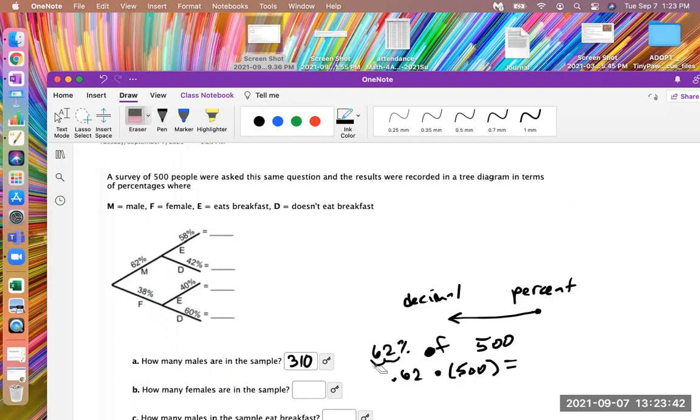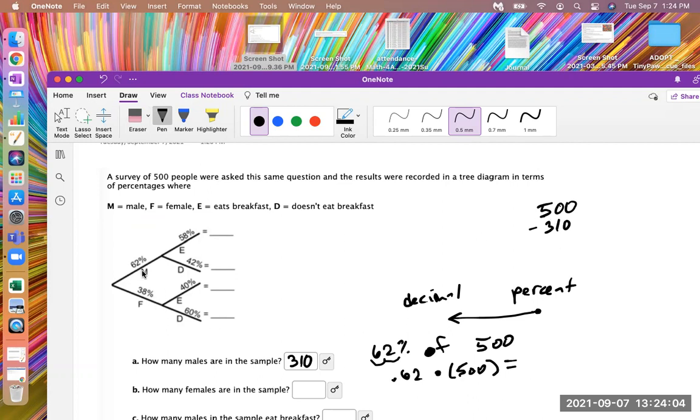All right, then the next one is very similar. They just ask you how many females are in the sample. So there's two ways to find this one. You could just do 500 minus the 310, because this is the complementary, right? If they're not counting other genders, because 38 plus 62 is 100% of the population.